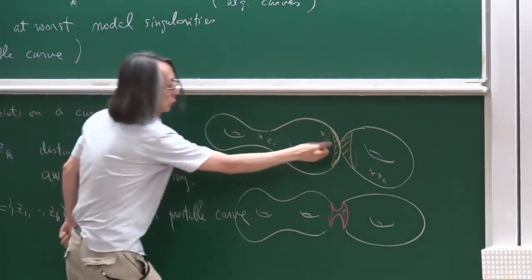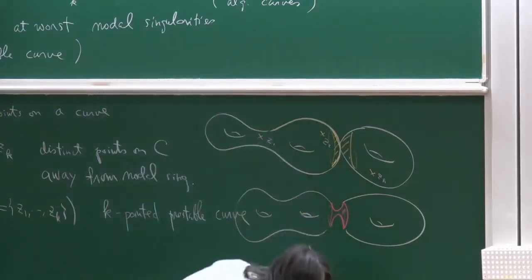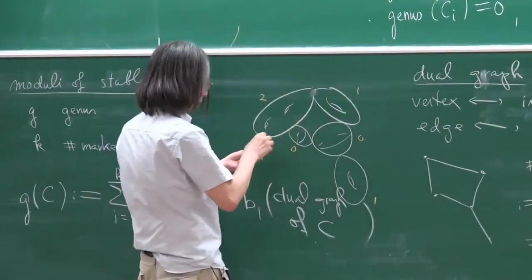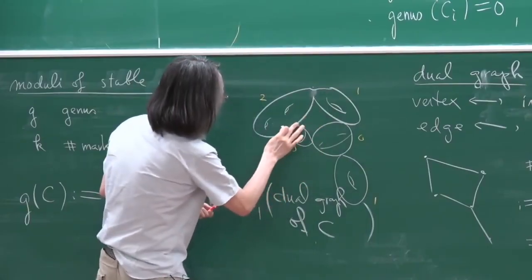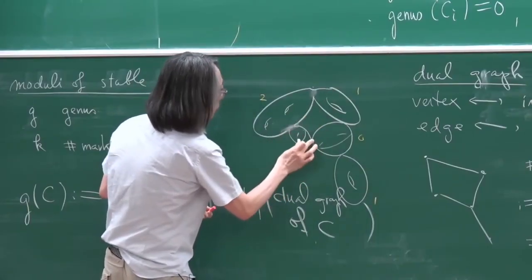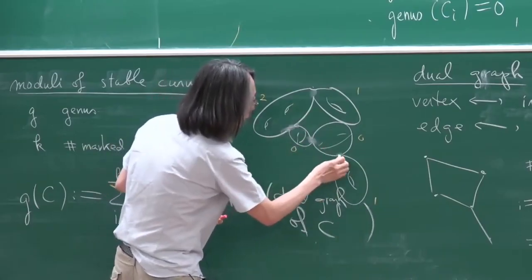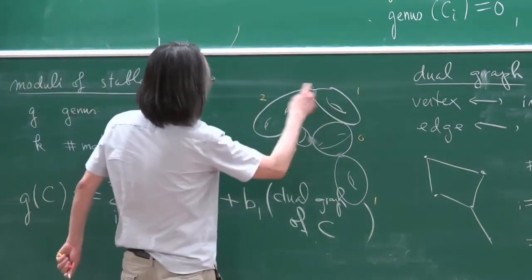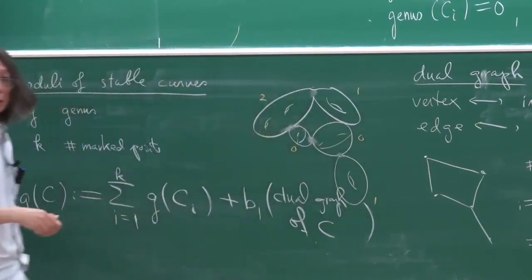After smoothing, you get a genus 3 curve in this case. If I smoothen this here, and here, and here, what we get is, so here 1, 2, 3, 4, but I have another genus here, so therefore this is a genus 5 curve.